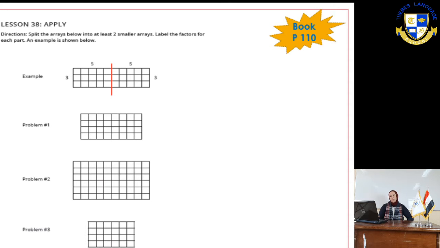Now problem number 1. Look at the array, okay? We have 4 rows, okay, and 8 columns. We are going to break the 8 columns into 2 smaller arrays. The first array will be 2 columns and the second array will be 6 columns, okay?